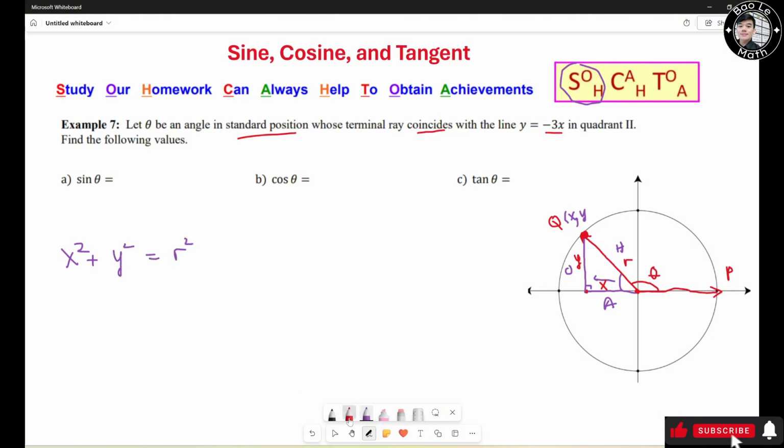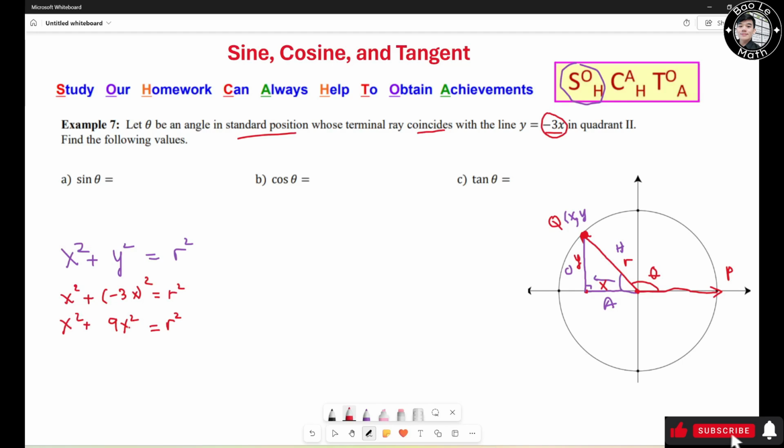Now we write x squared, and y equals negative 3x right here, so y squared is going to be negative 3x altogether squared. Don't forget parentheses. Equals radius squared.